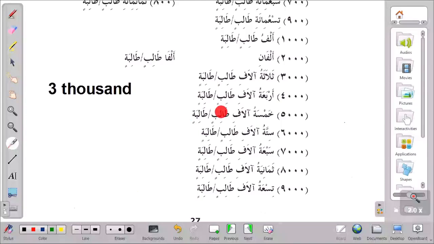The multiples of hundreds, 100 and its multiples, 1,000 and its multiples. So 100 and its multiples: 100, 200, 300, 400, 500. And the same way, 1,000 and its multiples: 1,000, 2,000, 3,000, 4,000.